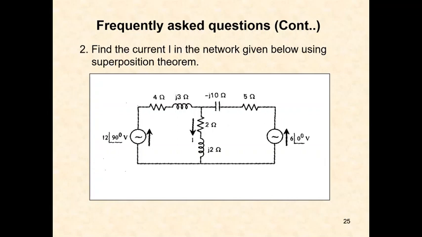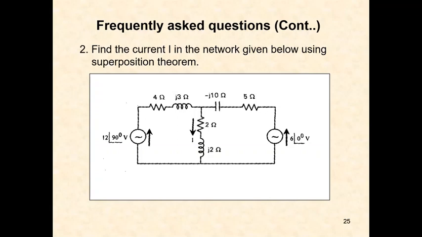For the current flowing through 2 plus J2, first we have to short circuit the 6 at an angle of 0. Then we find the current. Here also we apply nodal voltage analysis. Only one node is there, and from that we find the voltage across 2 plus J2.